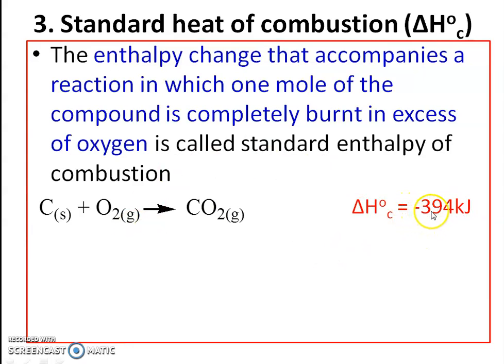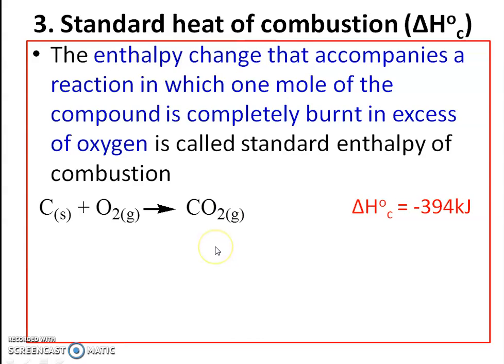Actually, this 394 kilojoule of heat is evolved at the time of burning of carbon, so this is the enthalpy of combustion of carbon. In another way, we say this is the enthalpy of formation of carbon dioxide also.